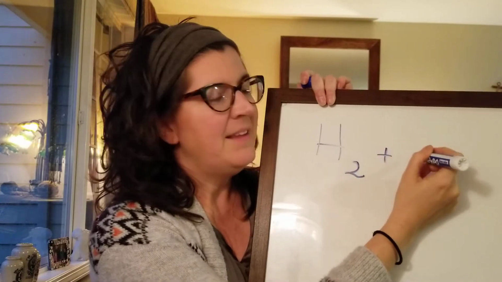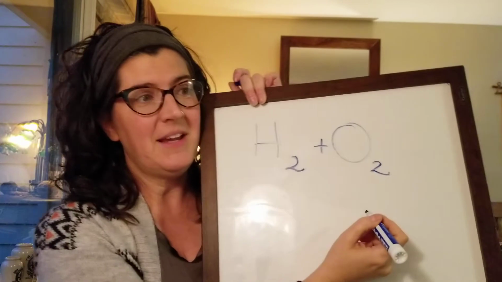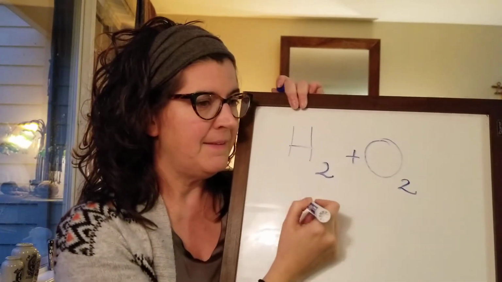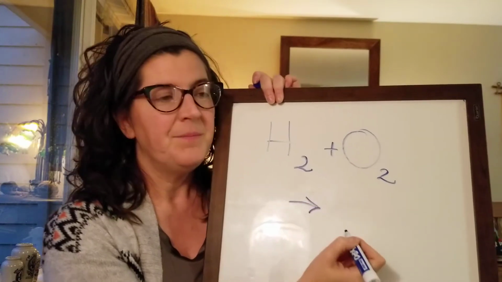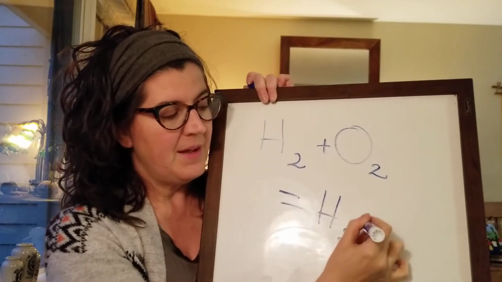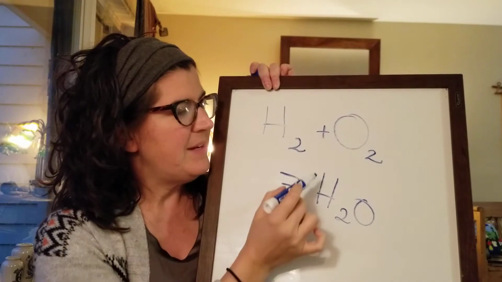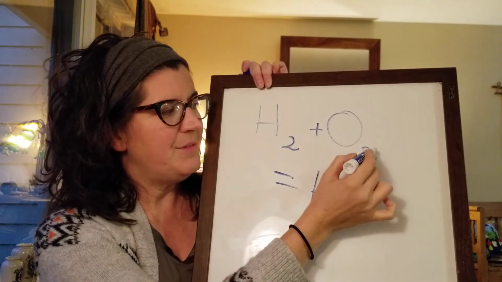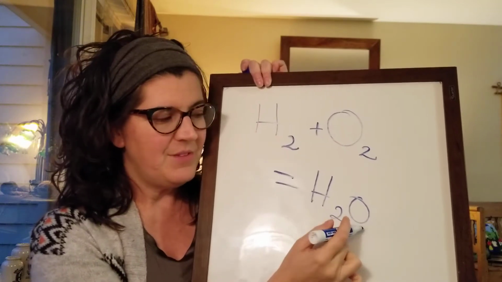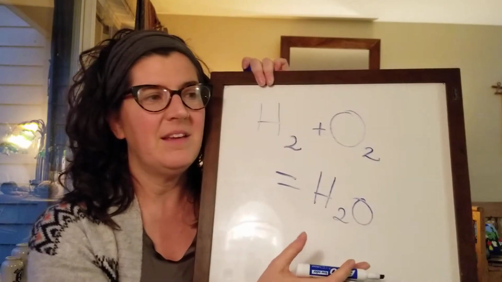If we add hydrogen and oxygen, which also is diatomic, it will come as a pair. If we want to make water, H2O, something is not right here. We need this to balance on both sides of the equation. And there's not 2 oxygen here, and there is up here, so something's not equal with it.